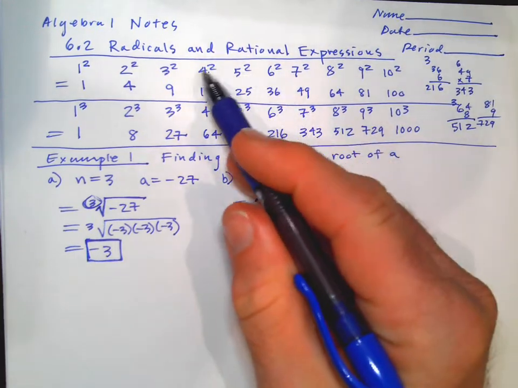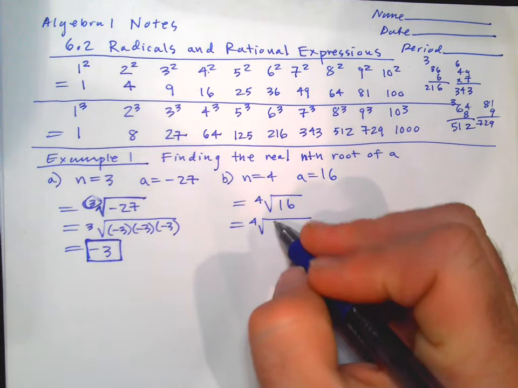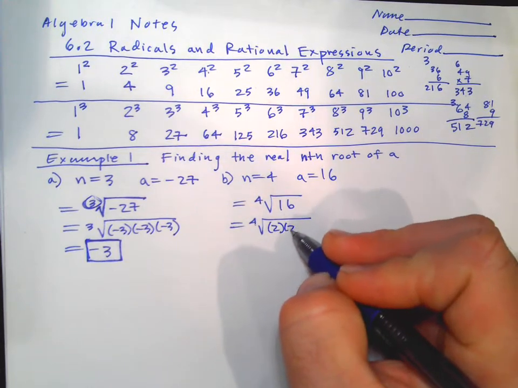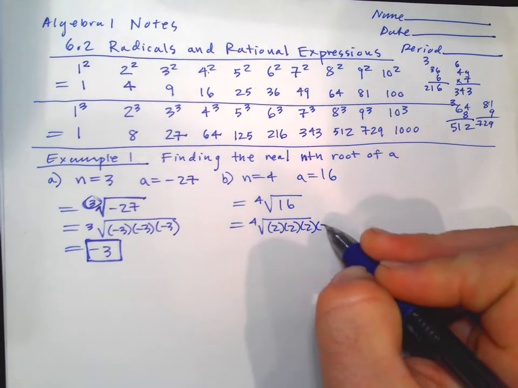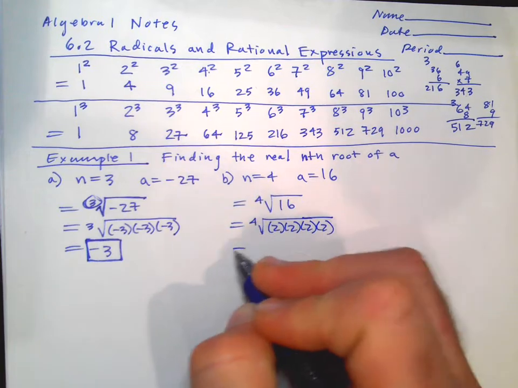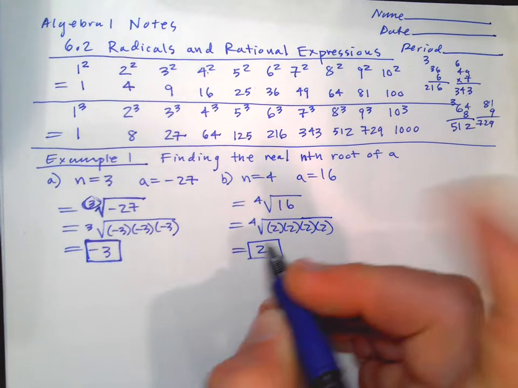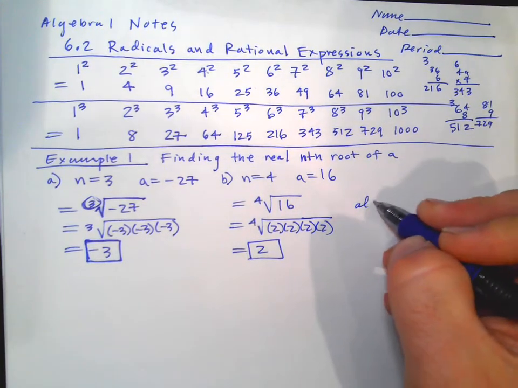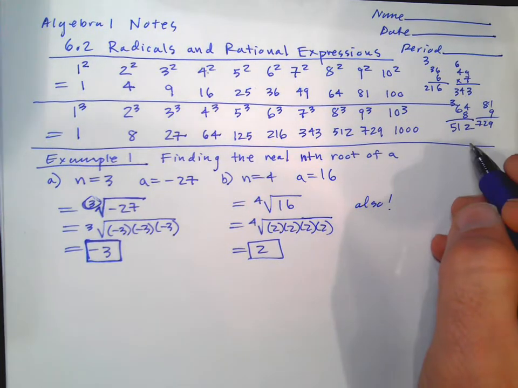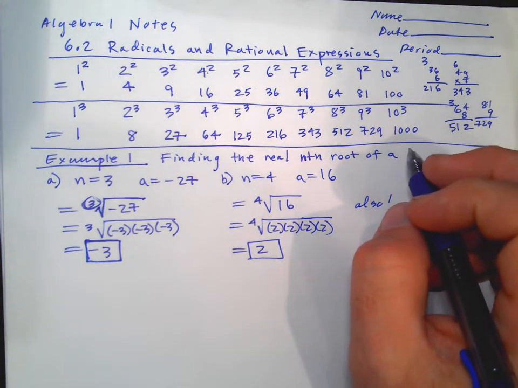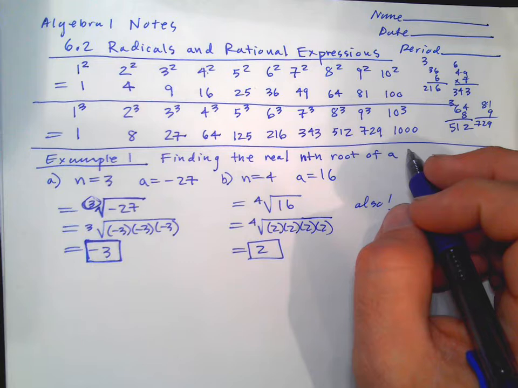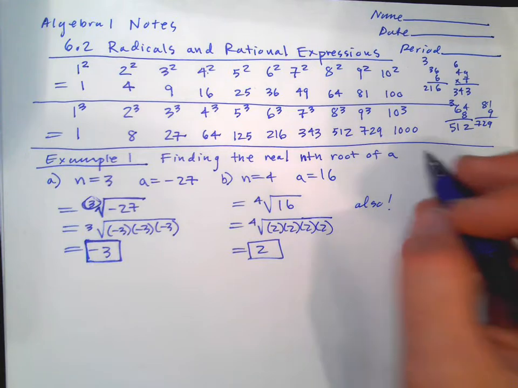So you might think, oh, 4 is 2 times 2. Like this is 2 times 2 times 2 times 2. And so the answer is 2. But watch out. There is another possible answer that could be the fourth root of 16.